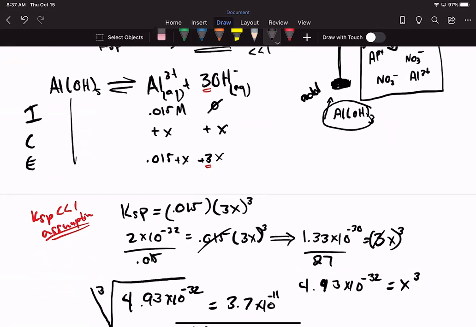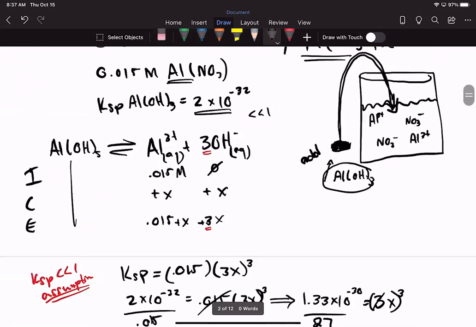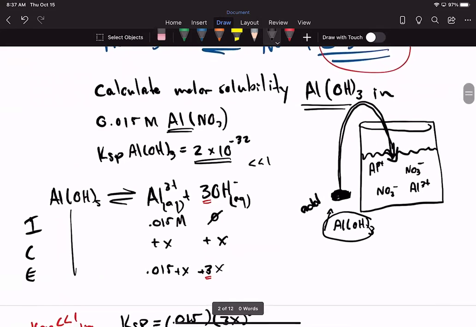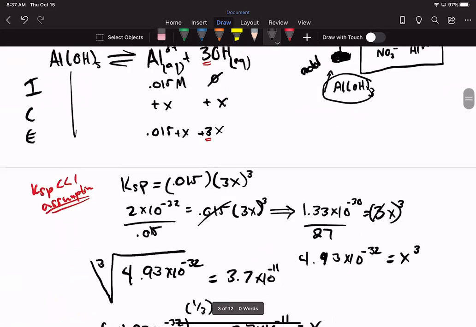So now we can get the concentration of both the aluminum and the hydroxide. So we're calculating the molar solubility.